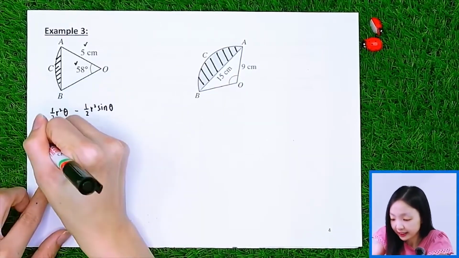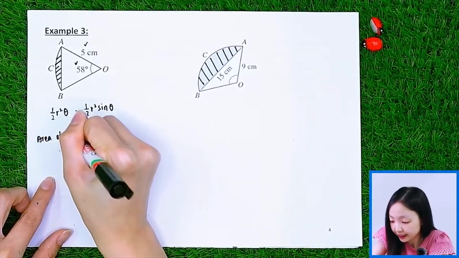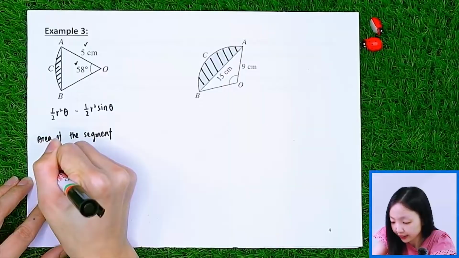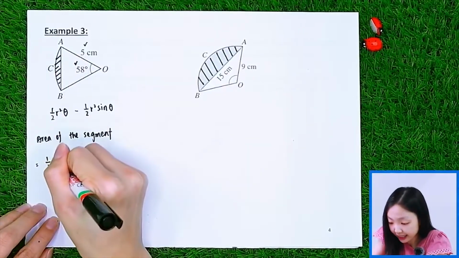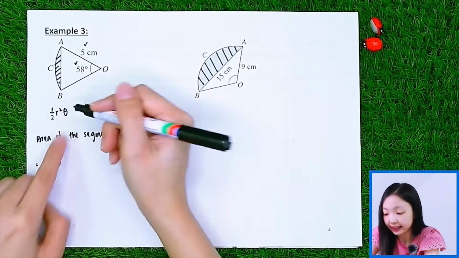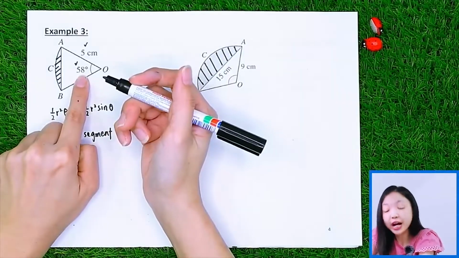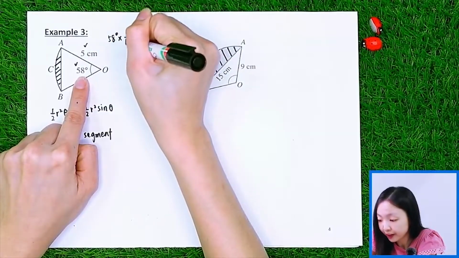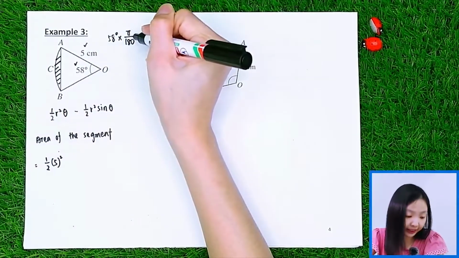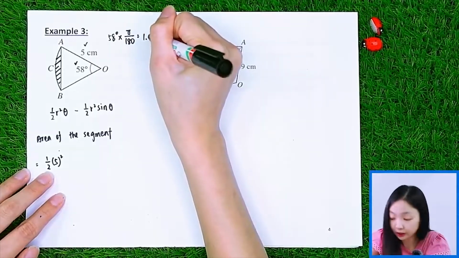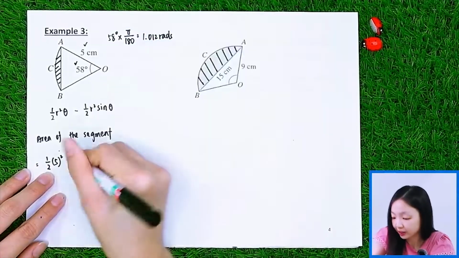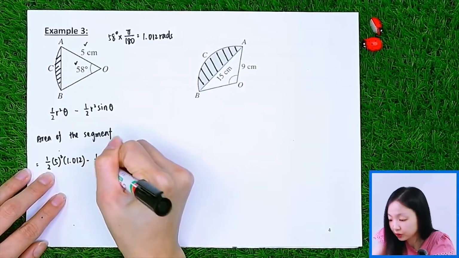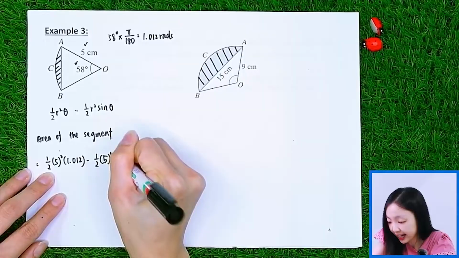So the area of the segment is equal to 1 over 2, r is 5 cm, r squared theta. Theta is in radian, so you have to change this to radian. 58 degrees times pi over 180, and you will get your answer as 1.012 radians. So you substitute here 1.012, minus 1 over 2 r squared sine theta.